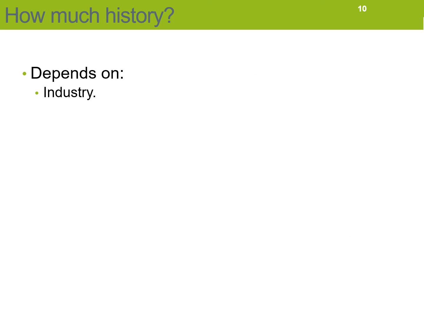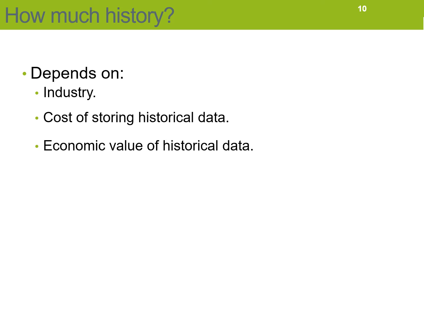The question is how much history you keep in a data warehouse. It depends on various factors such as industry, cost of storing historical data, and economic value of historical data. So this means that how much historical data we place in the data warehouse varies from industry to industry.